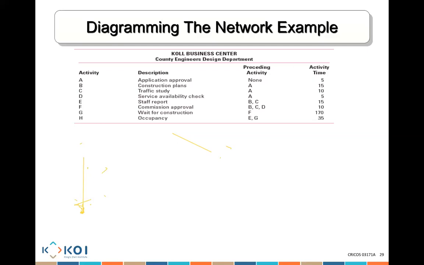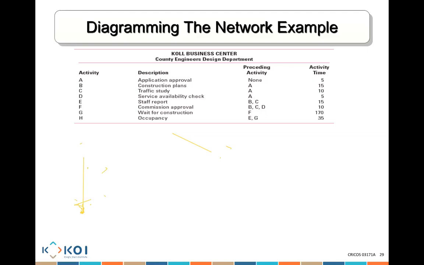I can't hear you. B and C. I think B, C, and D can be started parallelly. Correct. B, C, and D can come straight after A. Yeah, exactly. Make sense? Yes, sir.